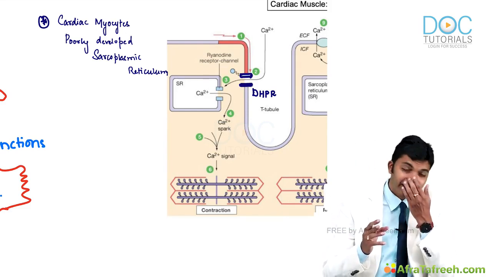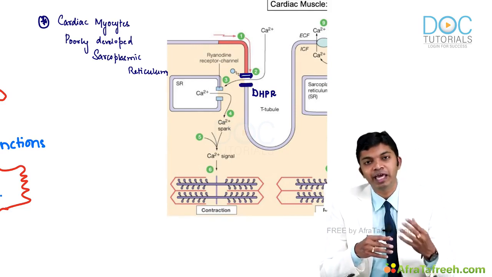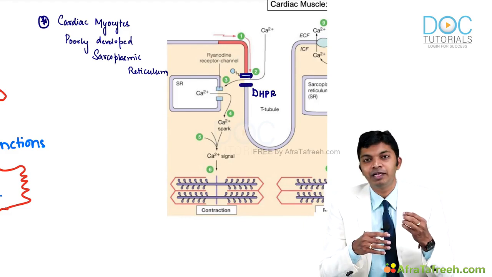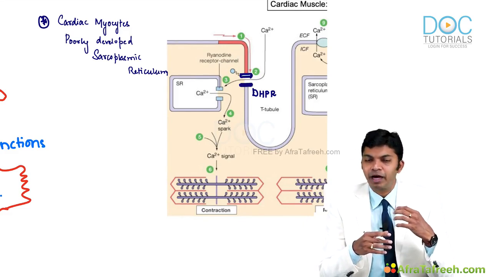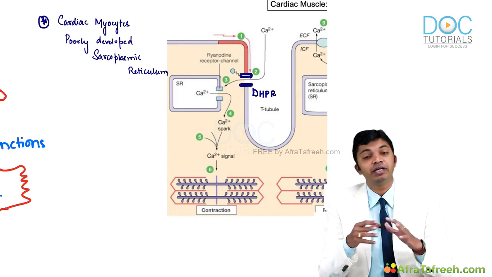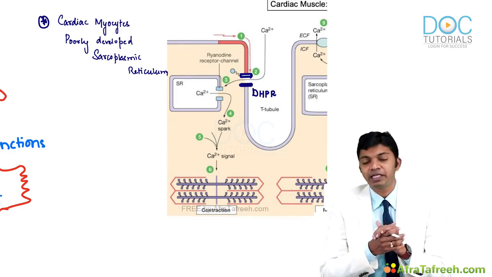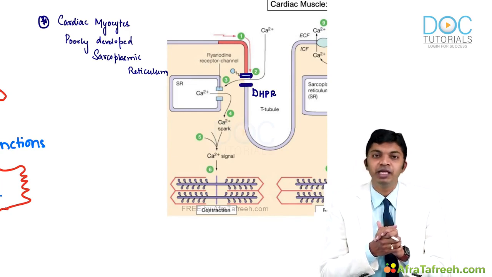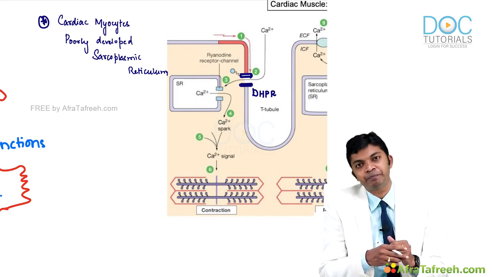Since the cardiac myocyte lacks a well formed sarcoplasmic reticulum, it cannot store calcium in a significant way, which is essential and which can be adequately supplied for contraction of that particular muscle fiber. Since a cardiac myocyte cannot store calcium adequately, it is dependent on extracellular fluid calcium.